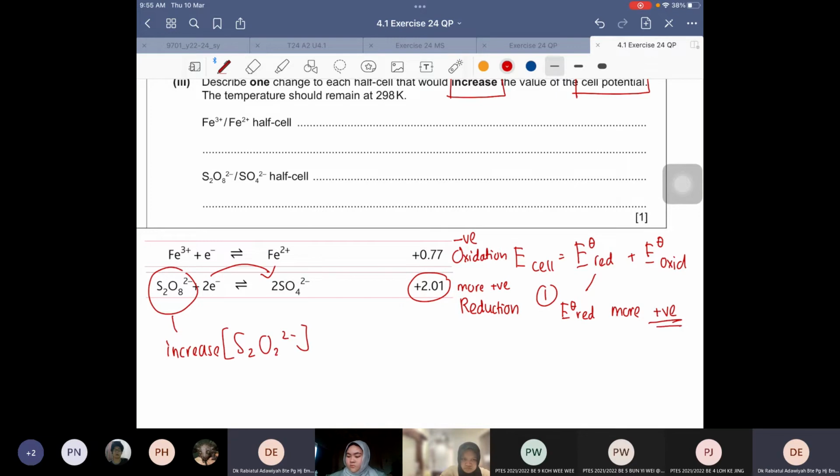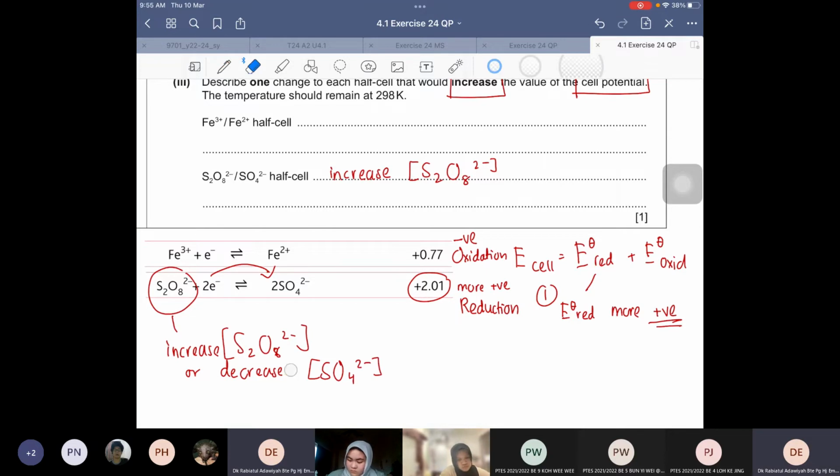So increase the concentration of S2O8 2-, or decrease the concentration of SO4 2-. Remember, the square bracket is concentration. Now the other one is a little bit confusing because our oxidation value is usually the opposite.